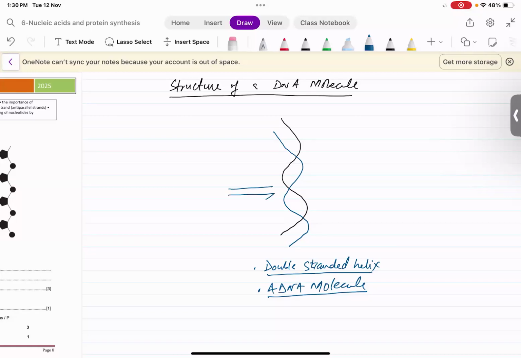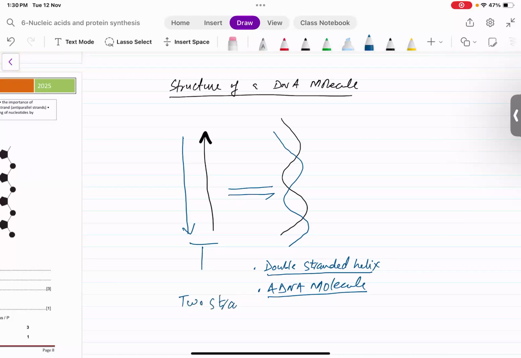Let's look at what this anti-parallel means. So you see, if this is one strand and this is another strand, if this strand is facing this way, we'll discuss what this means, the other is facing this way. So the two strands are anti-parallel to each other.